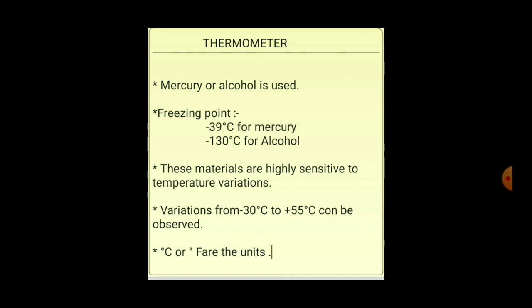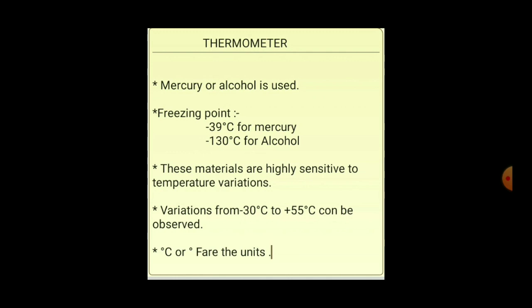Now with these materials, variation in temperature from minus 30 degrees to plus 55 degrees Celsius can be observed here. So if your temperature falls as low as minus 30 degrees or rises as high as plus 55 degrees, it can be recorded on the thermometer.